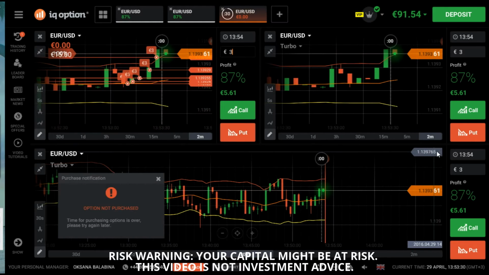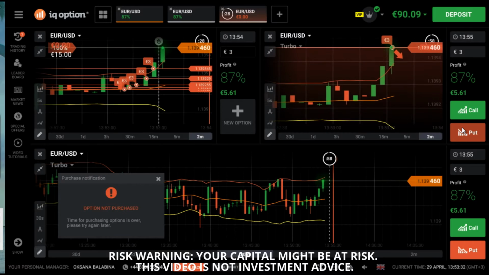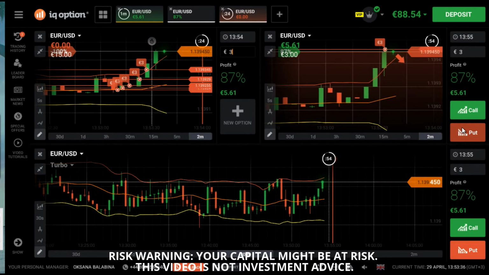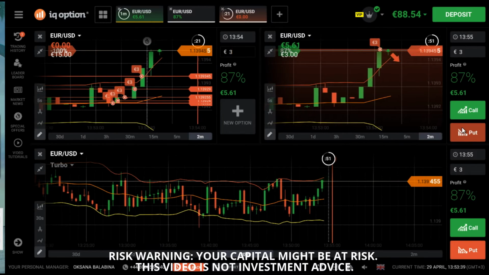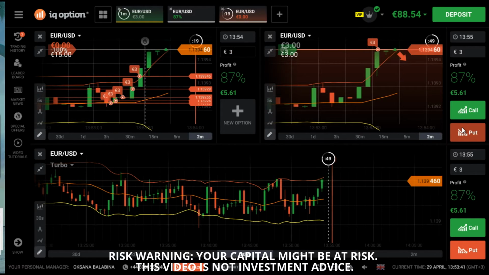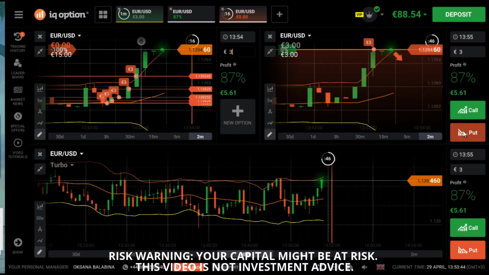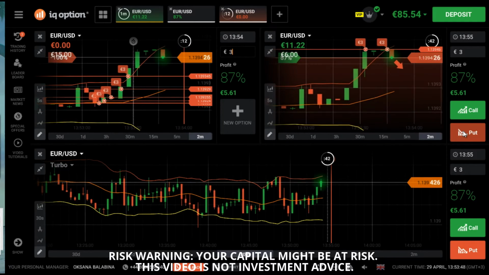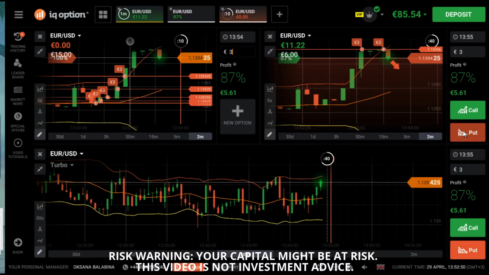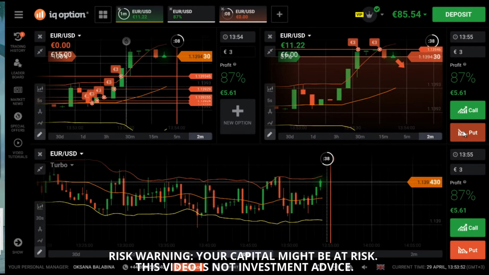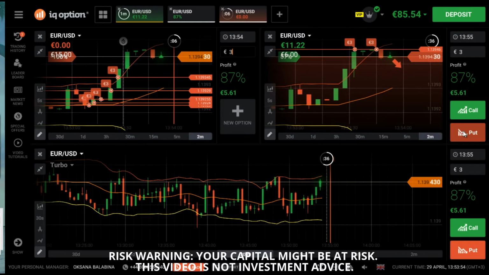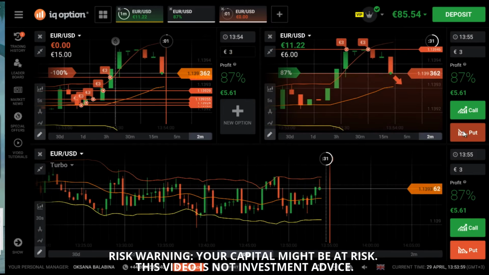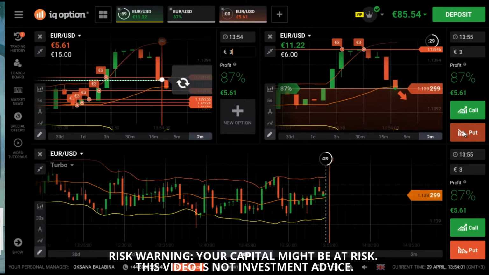And so now it's already penetrated the upper Bollinger Band, and I'm going for the reversal again. However, if you look at the 30-second chart, now the candle is approaching the upper Bollinger Band. This is a very tricky place because the candle may still keep growing upwards, and that's what was happening.